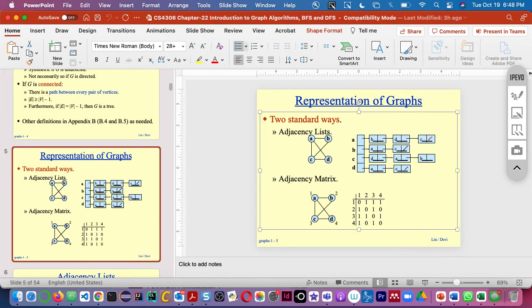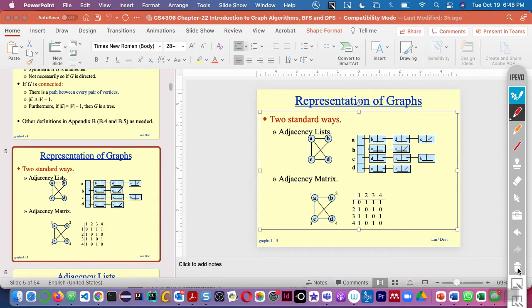Think about it this way: A is connected to B, A is connected to D, and A is connected to C. Similarly, B is connected to A and B is connected to C. And D is connected to A and D is connected to C. Order is not a factor, so you can write D, B, C.